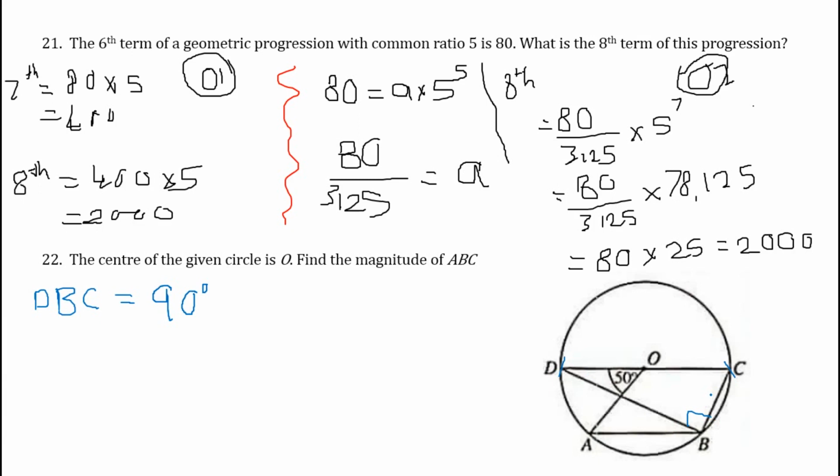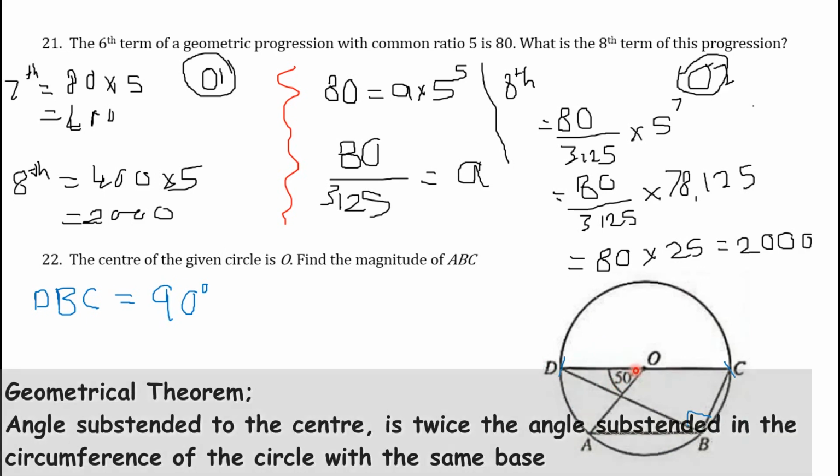Now we should use some geometrical theorems and find the value of ABC. And if you add ABD with DBC, you get the answer ABC. So now we can find the value of ABD. This angle will be equal to half of this angle, because there is a theorem that says the angle subtended at the center is twice the angle subtended on the circumference of the circle.